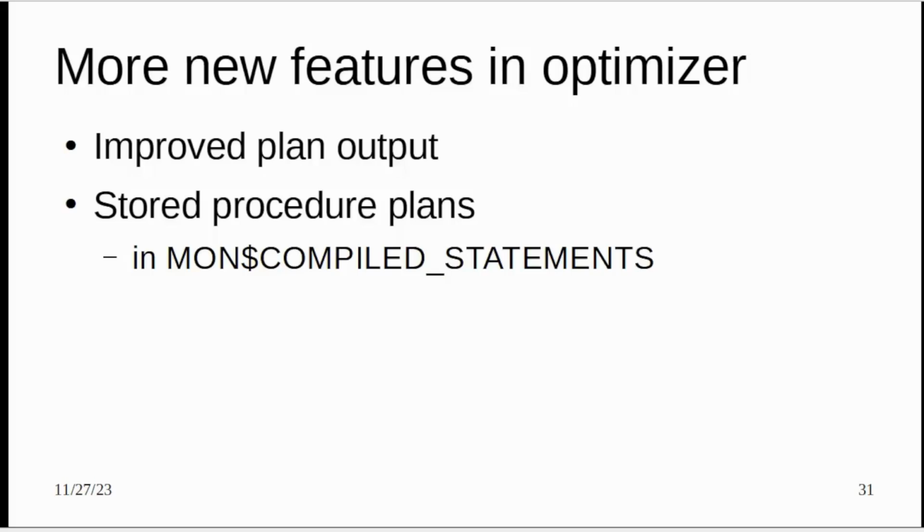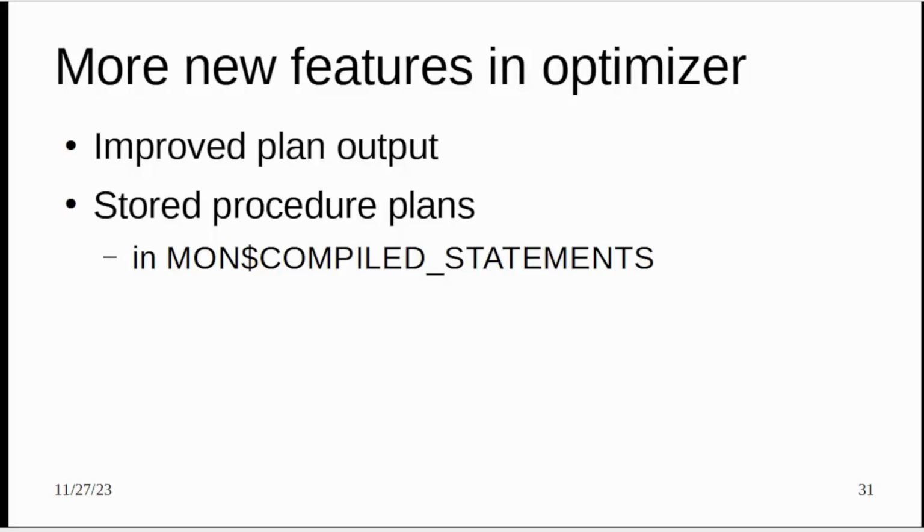And stored procedures plans. It's a long history that in Firebird 2.5 there were some kind of plans, but they actually were not plans. It was a bunch of plans of queries inside the stored procedure. In Firebird 3 and Firebird 4, all stored procedures had plans as natural without any details, so it was not possible to analyze it.